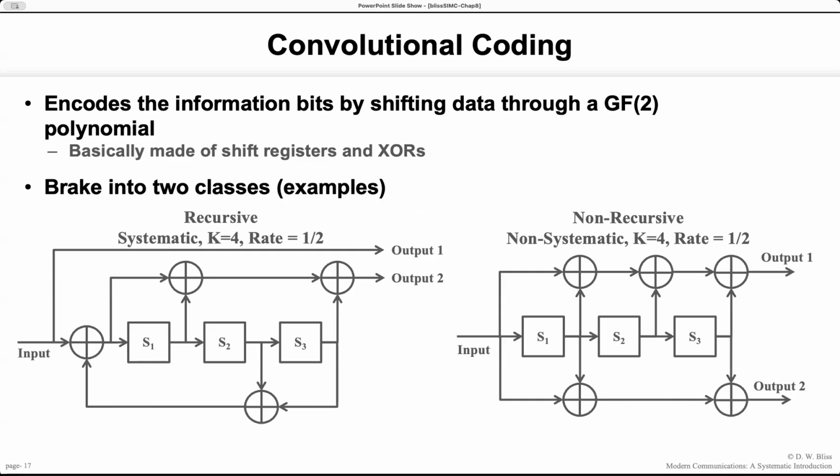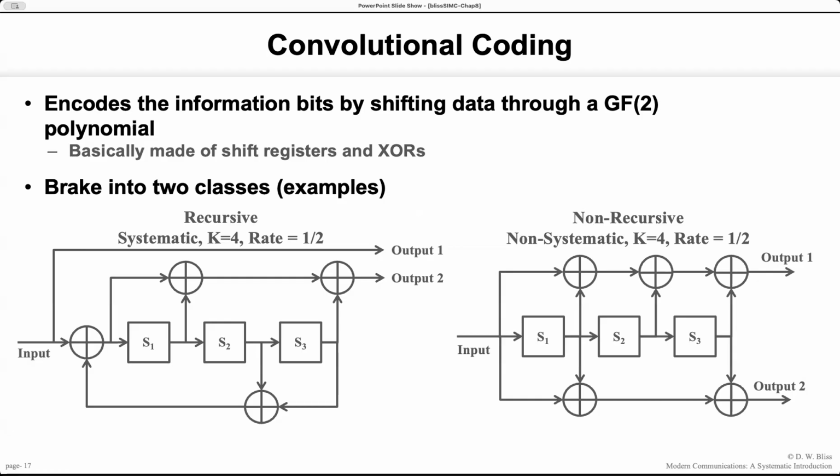Each time the clock ticks over, the last position is thrown away, and the one before it is moved into the last position, and the one before that is moved into the one ahead of that. So in this case, whatever is in S3 is thrown away. S2 is moved into S3. S1 is moved into S2. And then whatever the input of S1 is becomes the new S1.